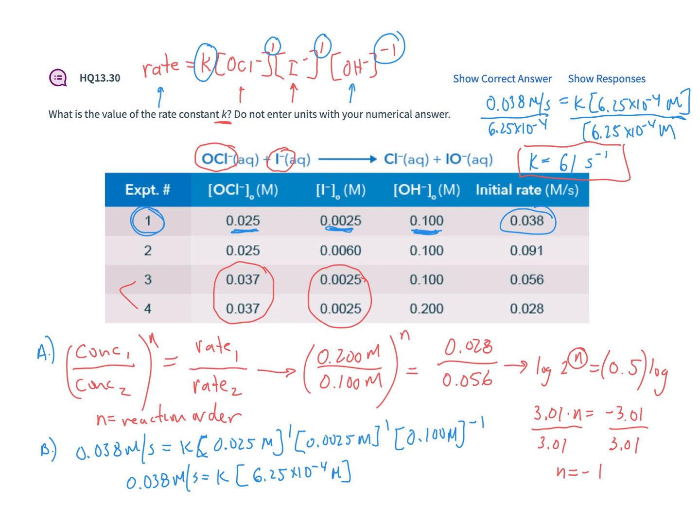So to find the rate constant, we first had to find the full rate law, and that included hydroxide, because looking at experiments 3 and 4, we see that changing the hydroxide concentration changes the rate of the reaction.